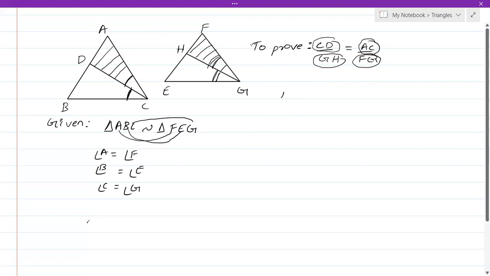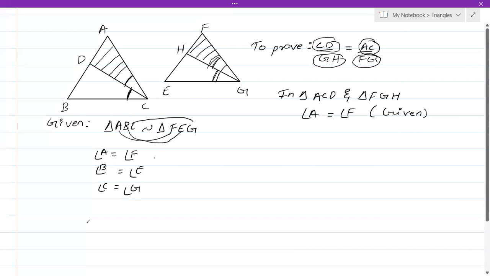Let's take those two triangles, triangle ACD and triangle FGH, and prove that the triangles are similar. If you observe, angle A is equal to angle F because it is given that the two triangles were similar.